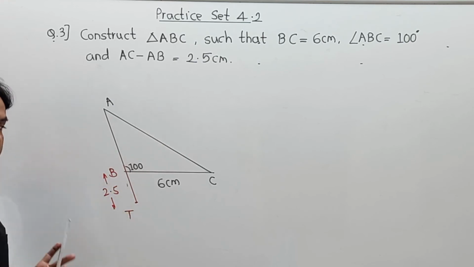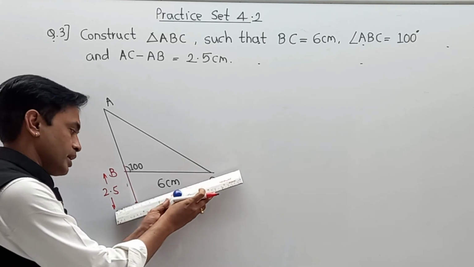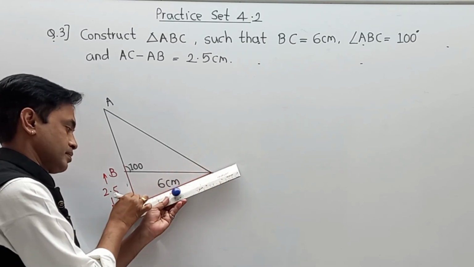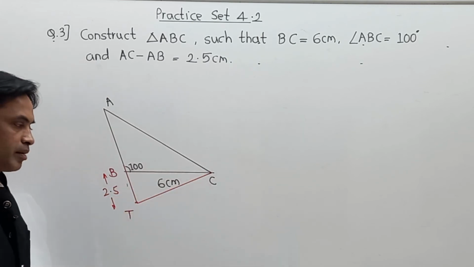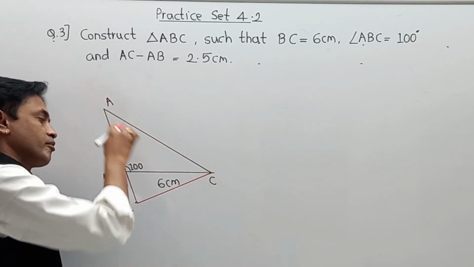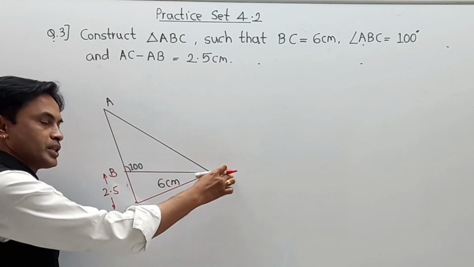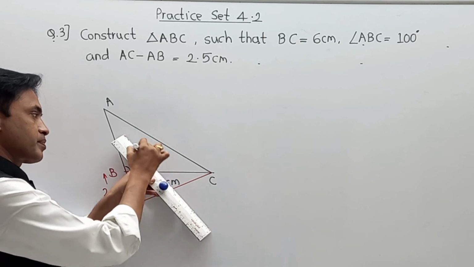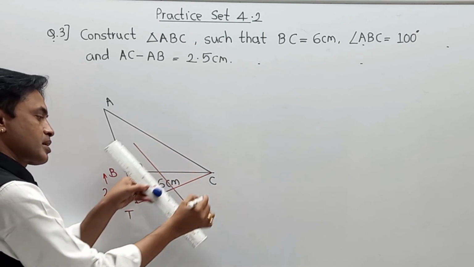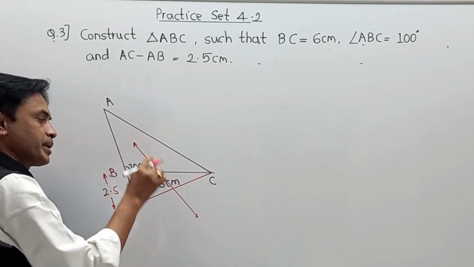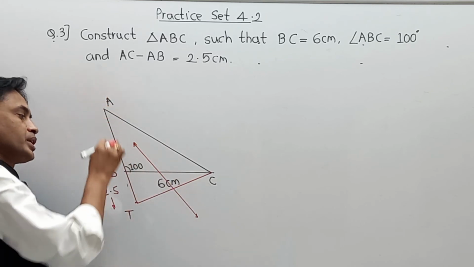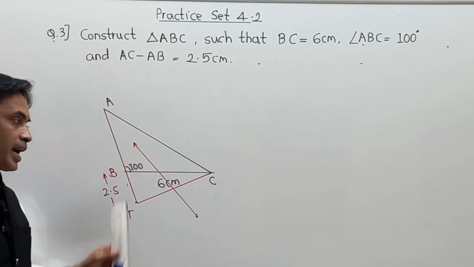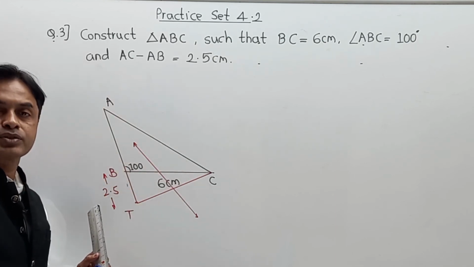After that, we have to join T with C. And now we have to draw a perpendicular bisector on this line. And automatically this line will get joined to this extended portion from B, and that will be point A. And in this way, we are going to complete the construction.